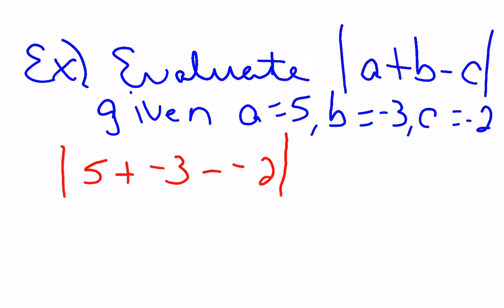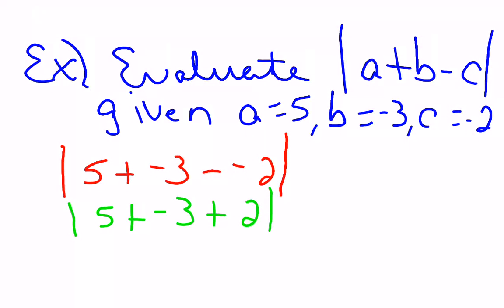And we said that they look and work like parentheses in many aspects. In this case, we have to do what's on the inside before we can take the absolute value of it, because we don't know how much space that is from 0. So double negative becomes positive. So we have 5 plus a -3 plus 2.